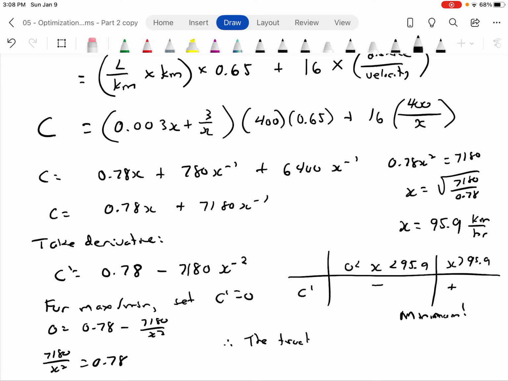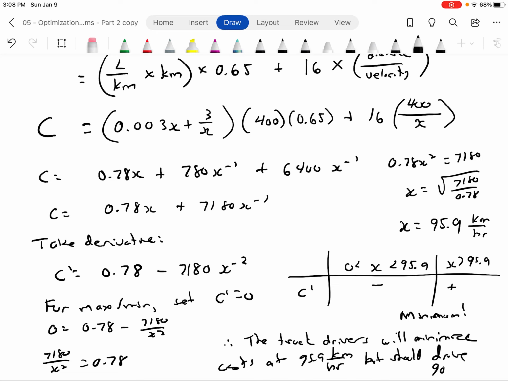Therefore, the truck drivers will minimize costs at 95.9 kilometers per hour, but should drive 90 kilometers per hour. And you say, well, shouldn't we have said 90 at the start? Well, no, the answer could have been 85.